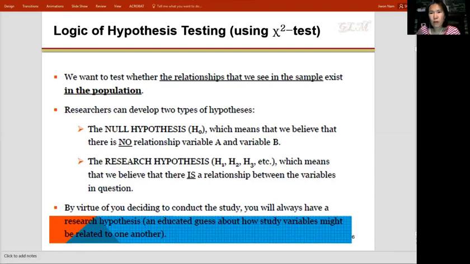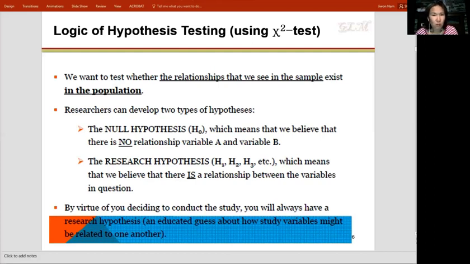For example, gender is a categorical variable, not a continuous variable. Racial and ethnic groups are also categorical variables. So when you see whether there are any differences among categorical subgroups, you use the chi-square test.